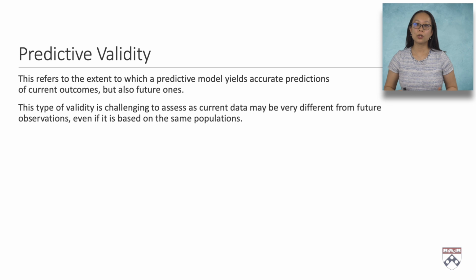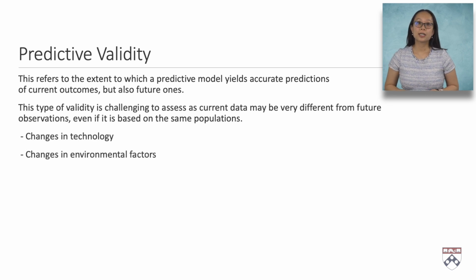And as many of us know, technology is an area that has been rapidly changing. So assessing the extent to which a model based on an outcome that is related to technology could be challenging when we're thinking about what happens over time, since something that was developed 5 years ago might even be considered outdated if we look 10 years from now.